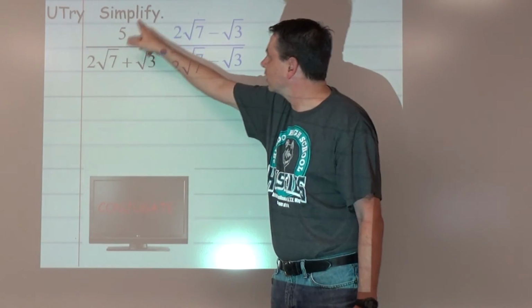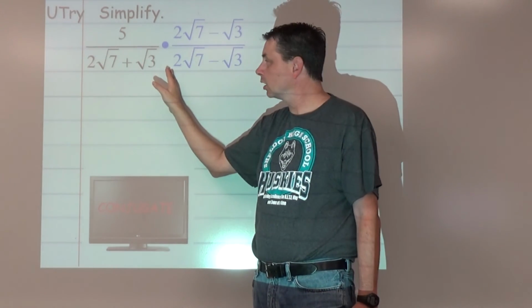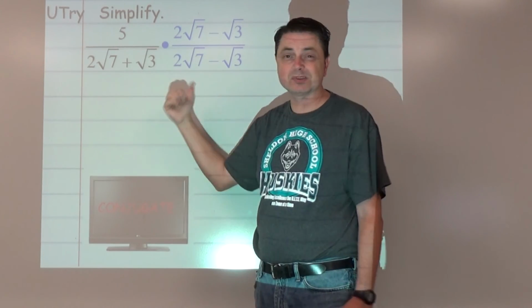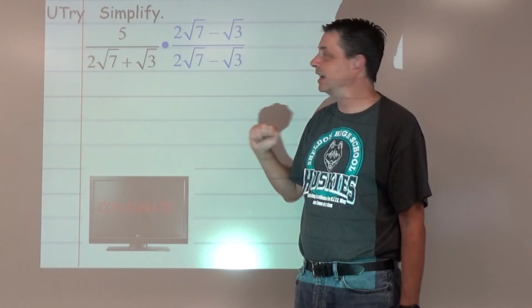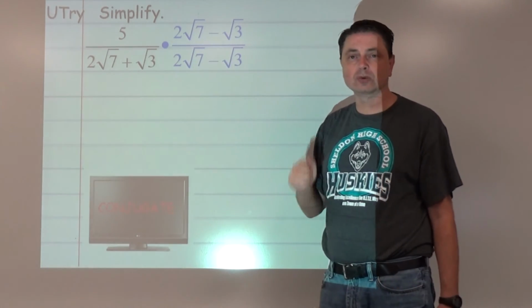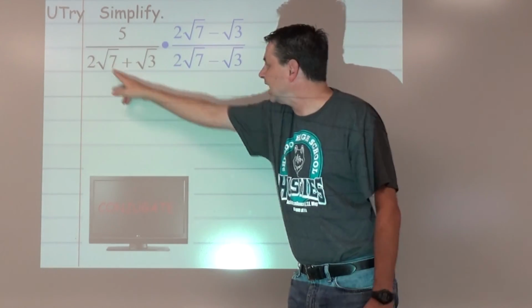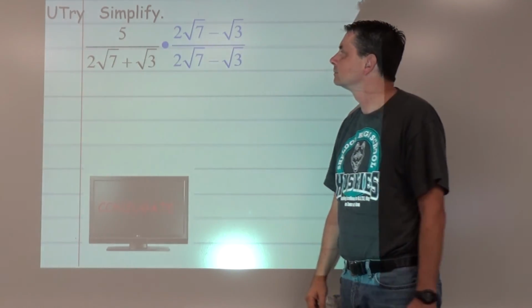We'll distribute there. On the bottom, we got 2 times 2 is 4. Root 7 times root 7 is 7. 4 times 7 is 28. Positive times negative is negative. Root 3 times root 3 is 3. So on the bottom, 28 minus 3. Because remember, outside and inside, they're going to cancel because we did conjugate.